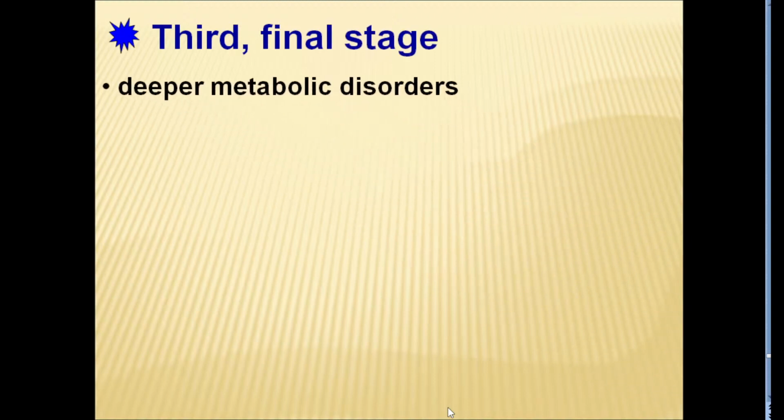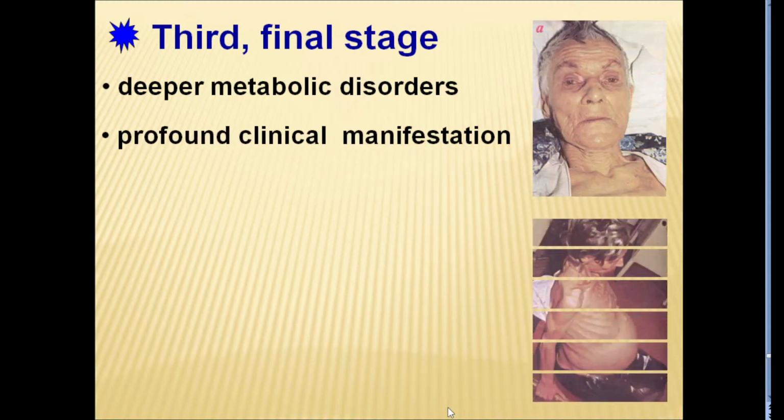Third, the final stage is characterized by deep metabolic disorders. Problems will be revealed with all metabolic processes, and as a result there will be profound clinical manifestations. First of all, the patient progressively loses weight. You see no subcutaneous fat tissue, thin extremities, visible ribs, and only an enlarged abdomen due to progressive ascites and edematous syndrome.